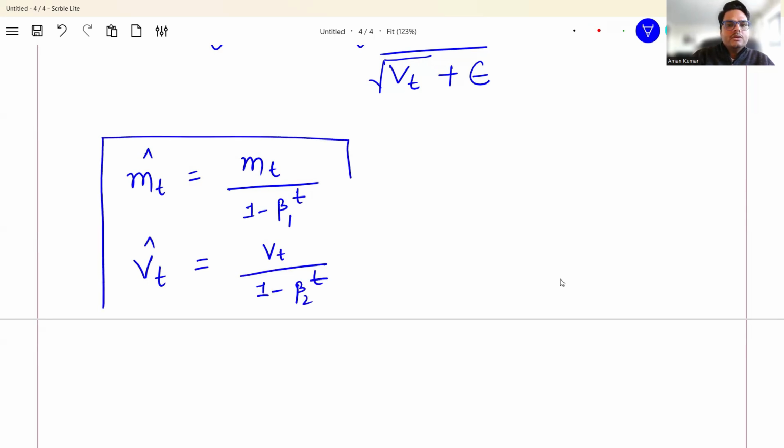These are derived to protect you from something known as the problem of starting with 0. Okay. Because when you initialize things, you will start with 0. And in place of MT and VT, I use this concept called bias correction.